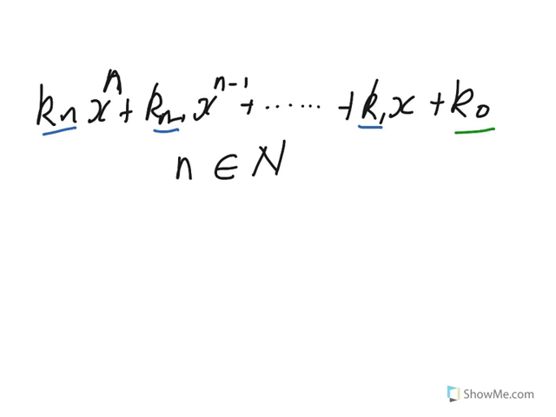So let's have a look. Something like this, for example, x cubed plus 2x squared plus 1, is a polynomial.